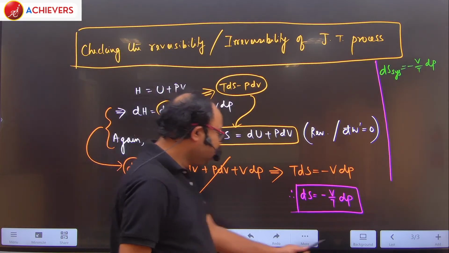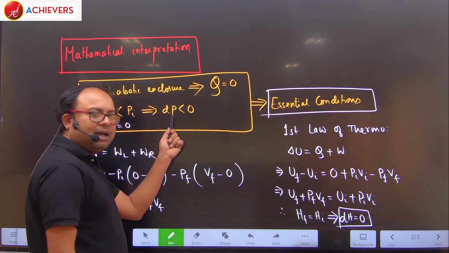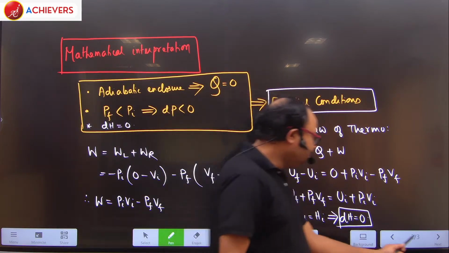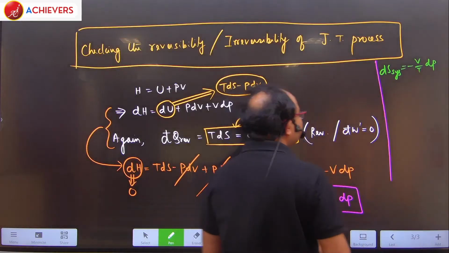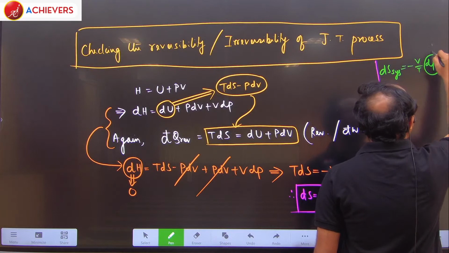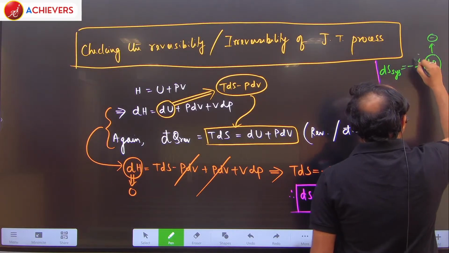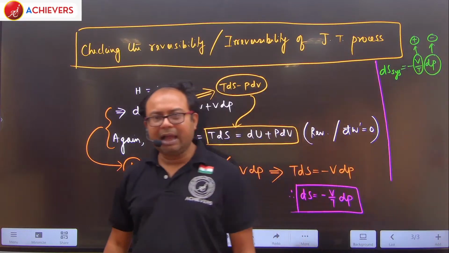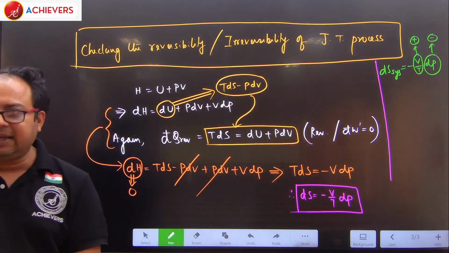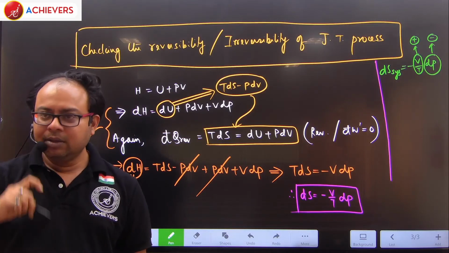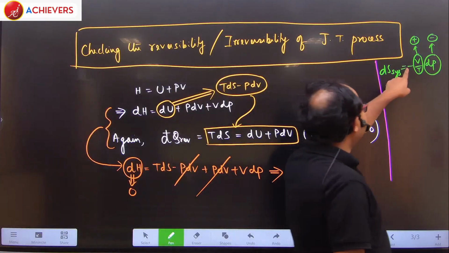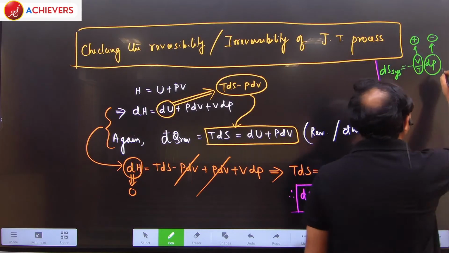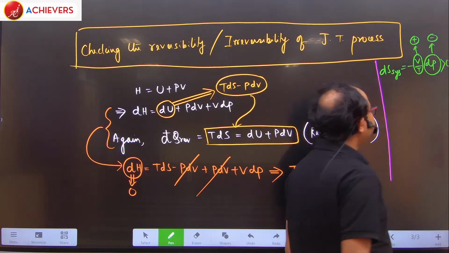Now students, we already know that the sign of dP is negative. V is a positive term, capital T is a positive term, so V by T is always positive. So negative multiplied by negative is positive. So dS system becomes positive.